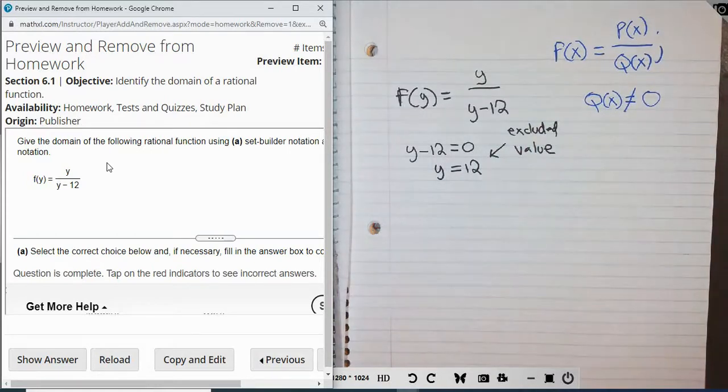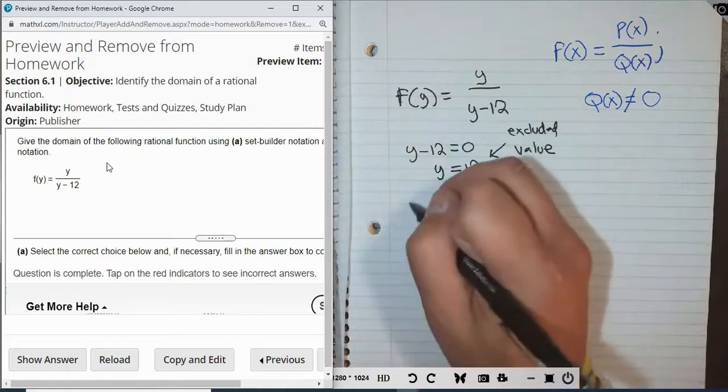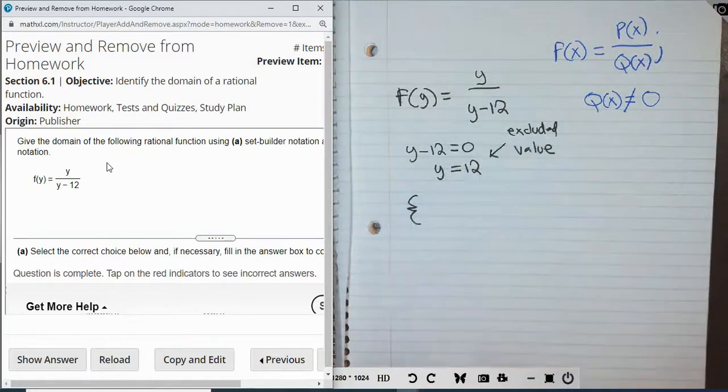So we've done this work so far. We've identified our excluded value. But now, how do we get the domain into the proper form? Let's first consider set builder notation. All right. Let's just go ahead and write it out here. So in set builder notation, we would use set notation. Remember, set notation is that squiggly bar there.